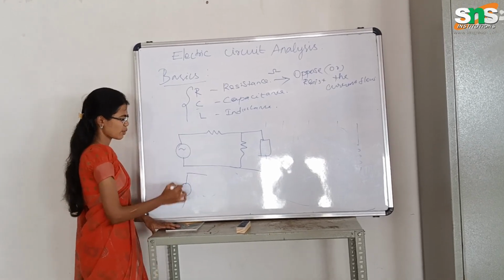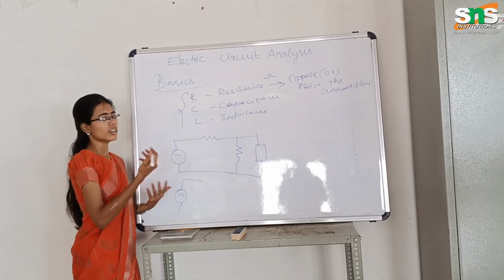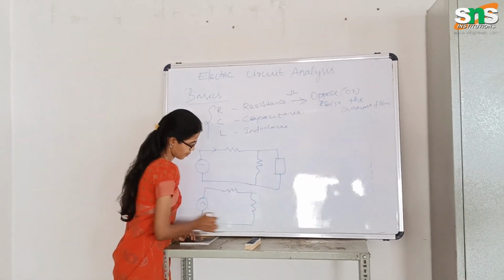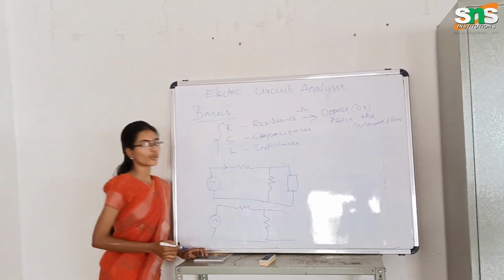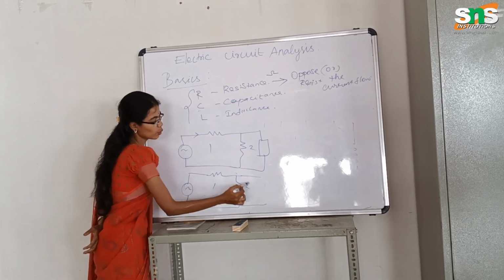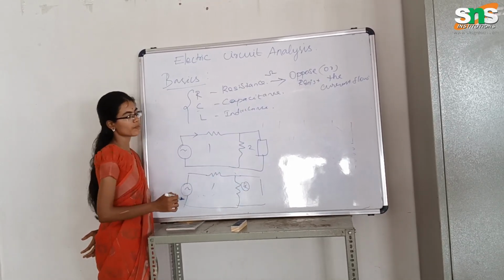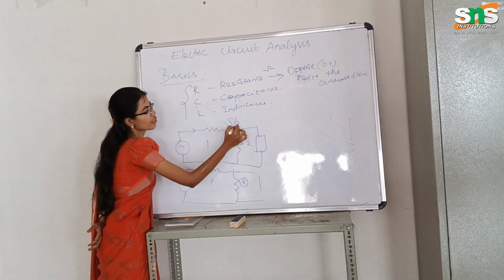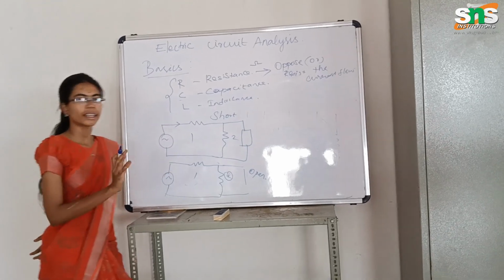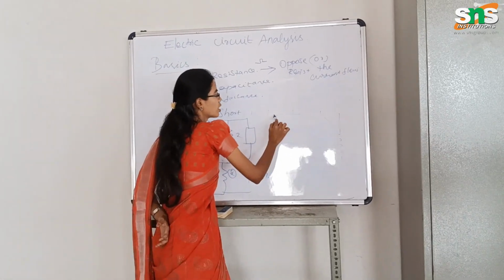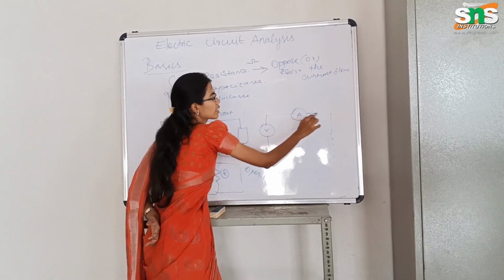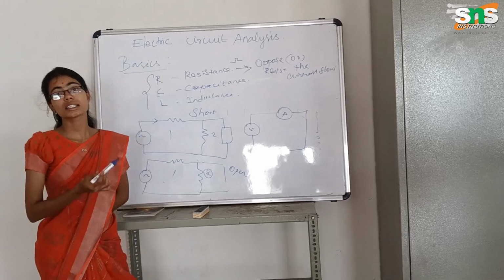This is any type of source, AC source or DC source, with a current I coming across. You can clearly see two loops in this circuit. Here there are two loops, but the second loop is not closed. So this is the short circuit, and this is your open circuit. In a given circuit, the voltmeter is always connected in parallel and the ammeter is always connected in series.